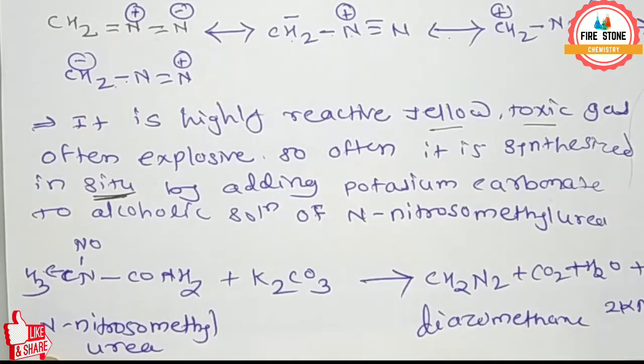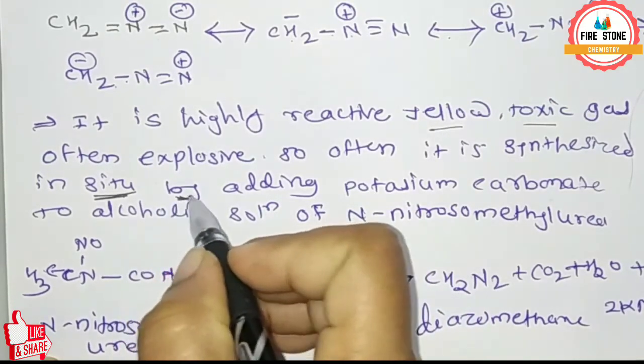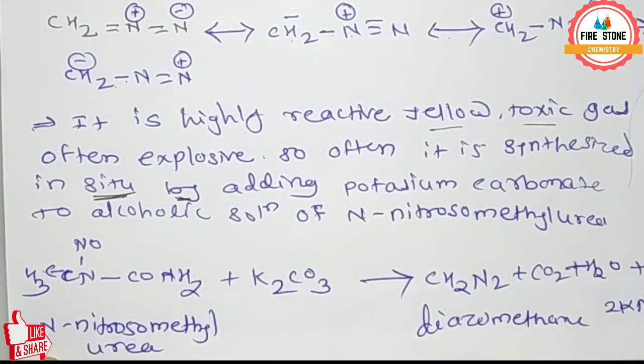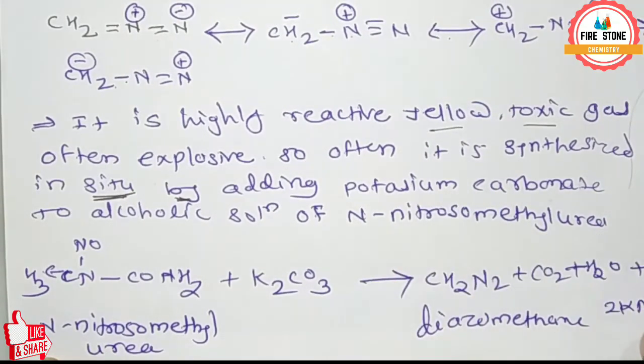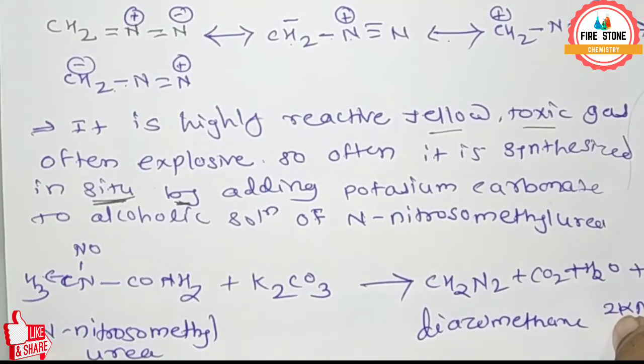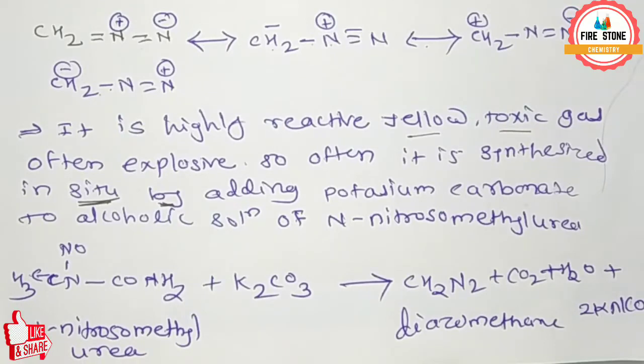That means when the reaction is done, at that time this reagent can be made in situ, by adding potassium carbonate to the alcoholic solution of N-nitroso-methylurea.